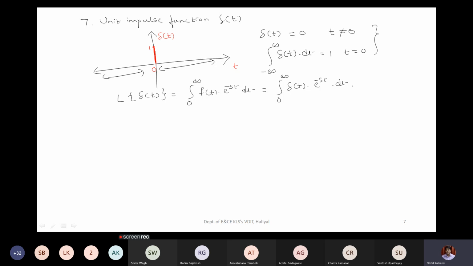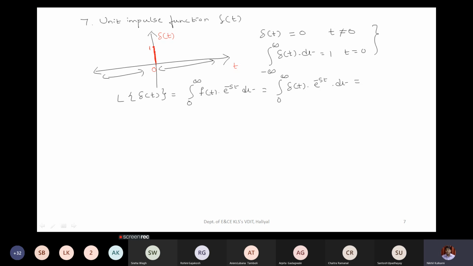The Laplace transform definition is from 0 to infinity, but the delta of t definition is from minus infinity to infinity. So minus infinity to 0, there is no need to think about that.